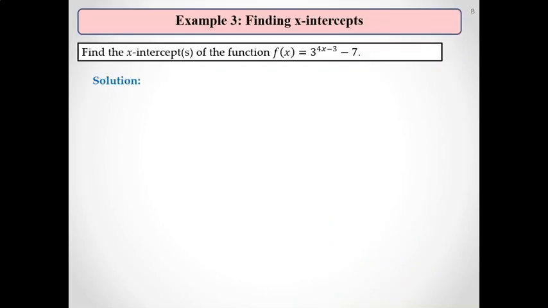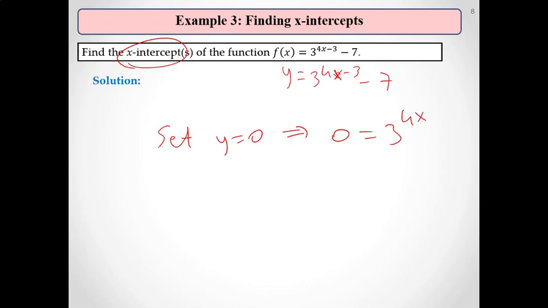Now find the x-intercept of the function. Now let's see what is the x-intercept of this function here. You can write it this way. Instead of f of x, you can write y. Then to find the x-intercept, you set y equal to 0 and have 0 equal to 3 to the 4x minus 3, minus 7. Then send 7 to the other side, and you get this one.